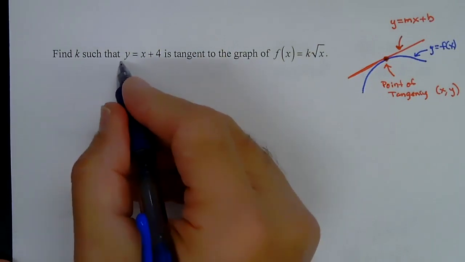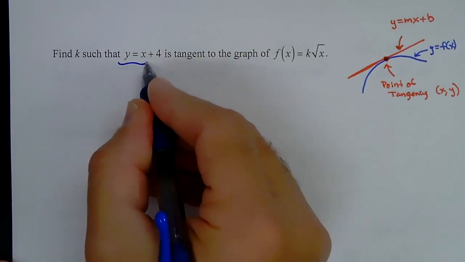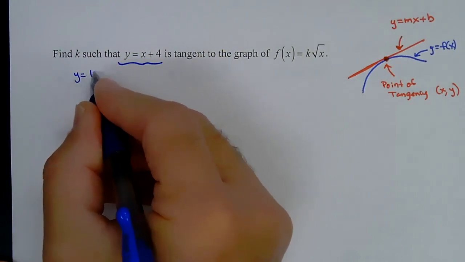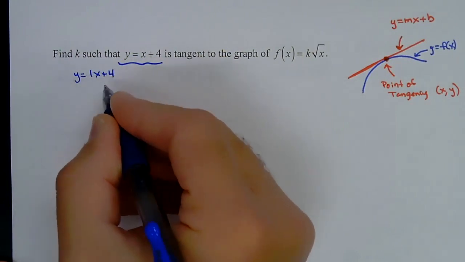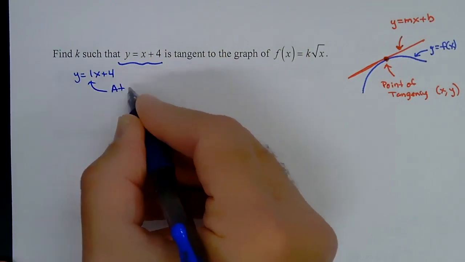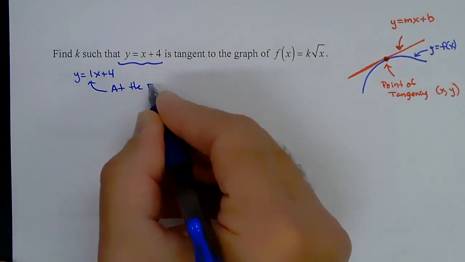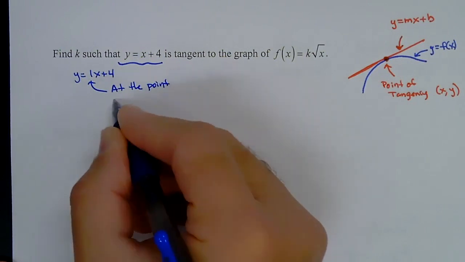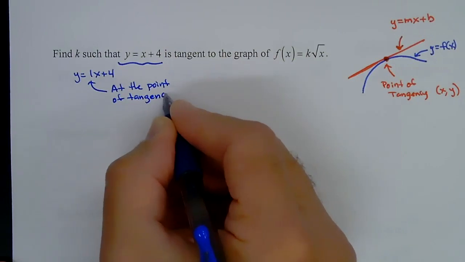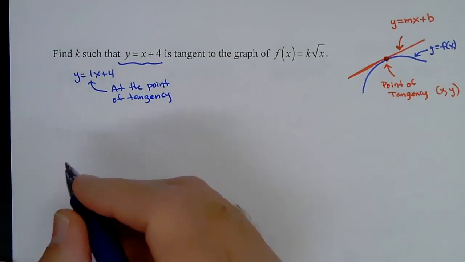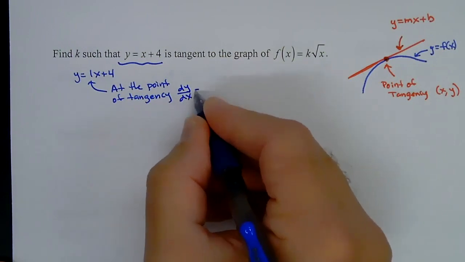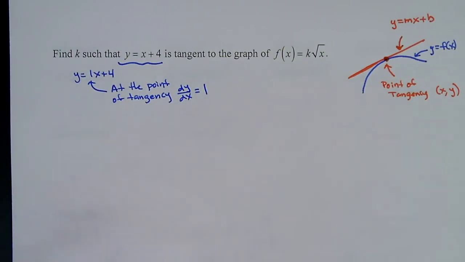So right here, what this is telling me is y equals 1x plus 4, and at the point of tangency, dy over dx, the derivative, has to equal 1.